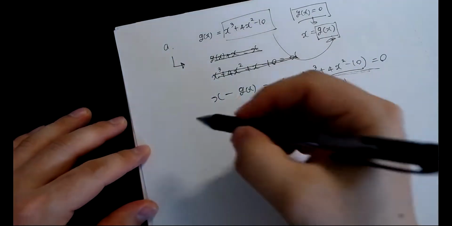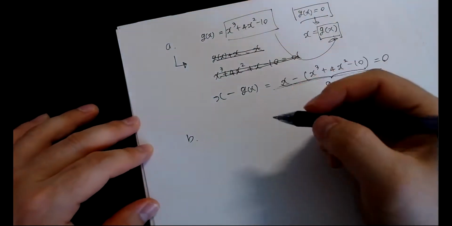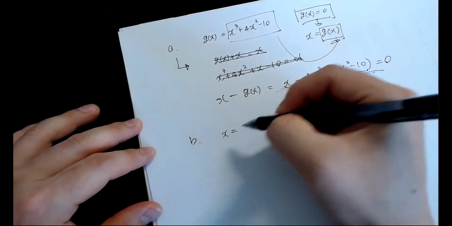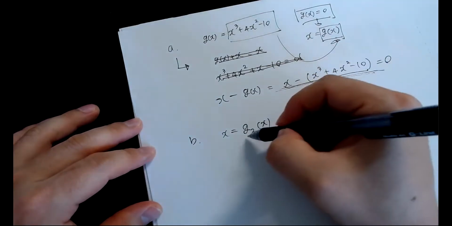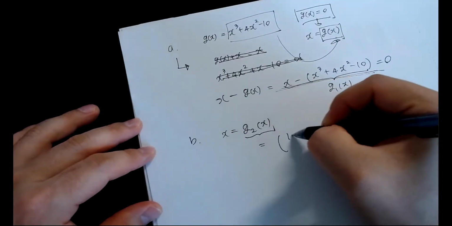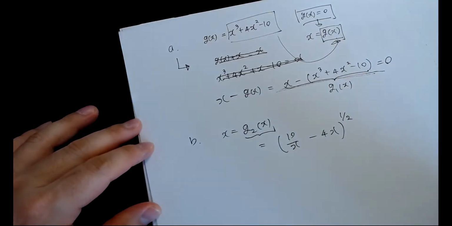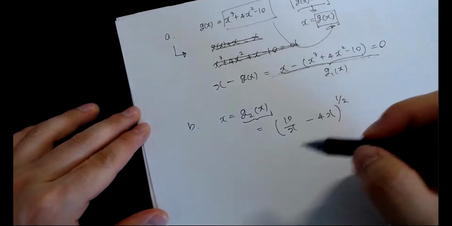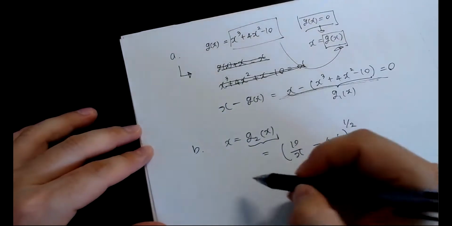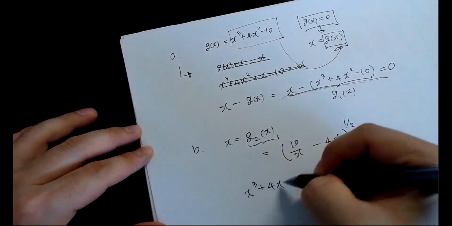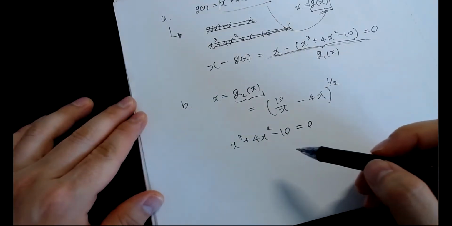And then B is to define x equal to g2 of x. We define g2 of x as 10 over x minus 4x, to the power 1/2. So how did we get this? From the original root finding problem, x cubed plus 4x squared minus 10 equals 0, we isolate x squared.